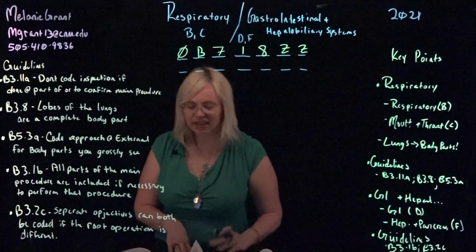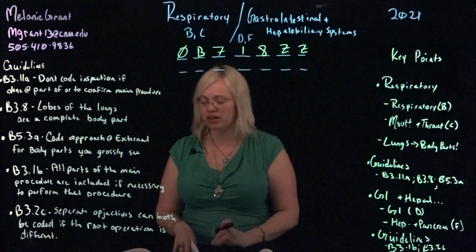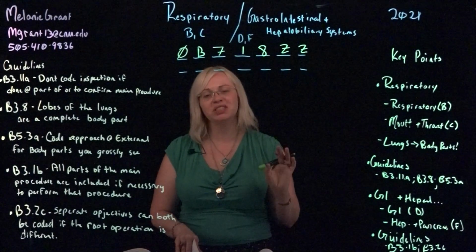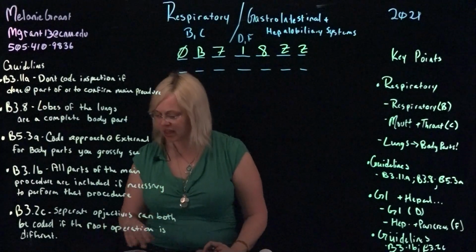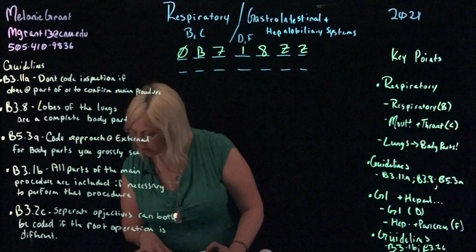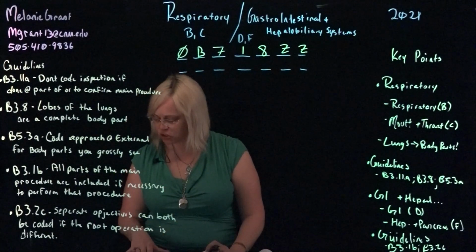Keep in mind that anything that you're doing as part of that procedure, if it's necessary as part of that procedure, is all one procedure. But if there's multiple procedures with different objectives, those can be coded separately. In the hepatobiliary system, you have different devices and qualifiers, and those are listed in table 12.3 on page 260.